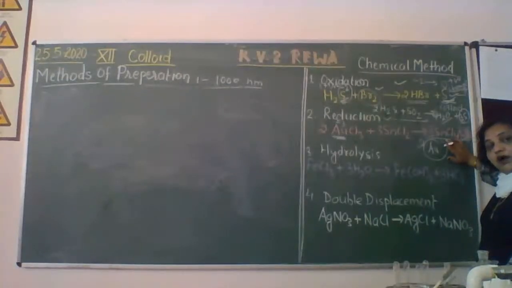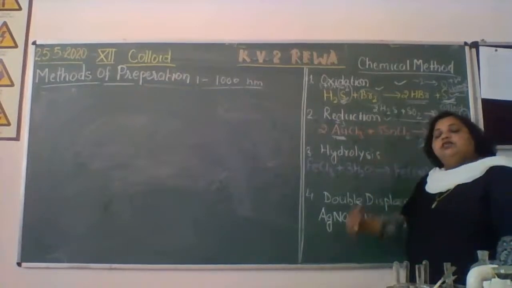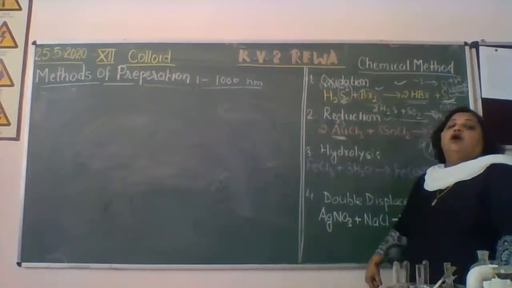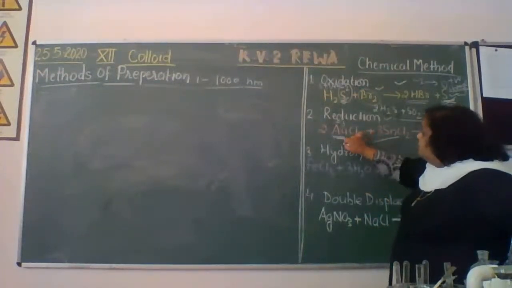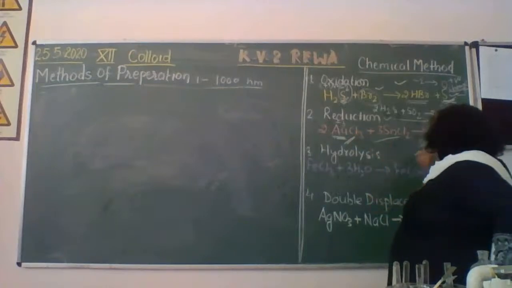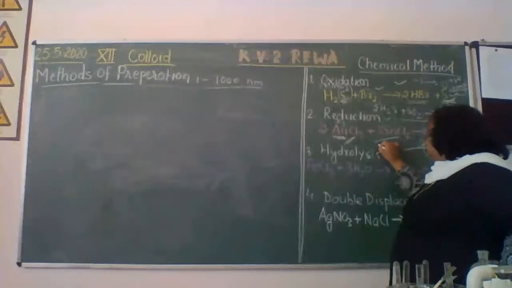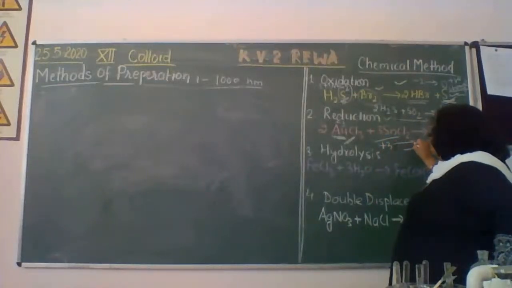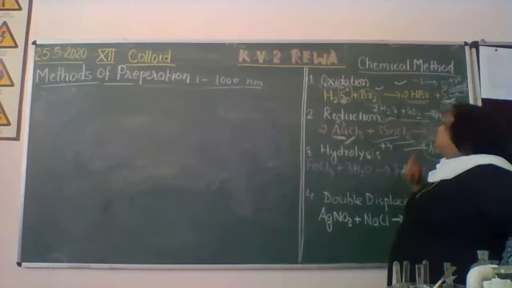So can I call it oxidation? No, this is the reduction. A negative change has taken place in the oxidation state here, right? Here the oxidation state is +3, and here the oxidation state is 0. +3 to 0 is a negative change, and that's why this is the reduction.